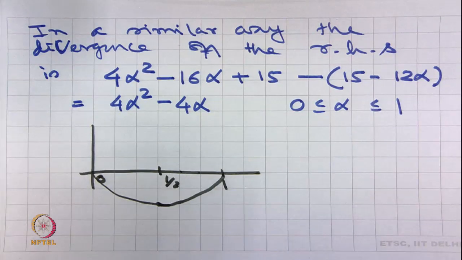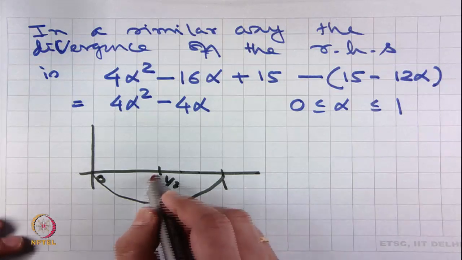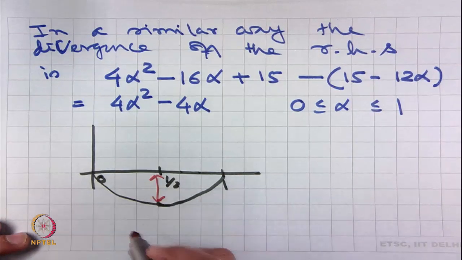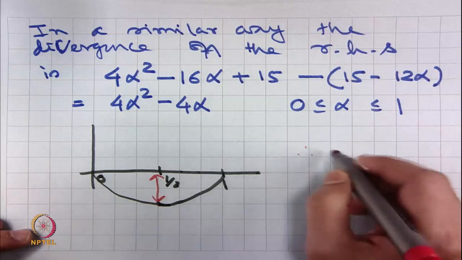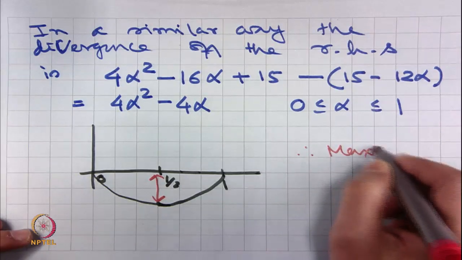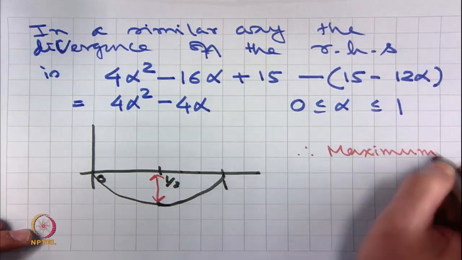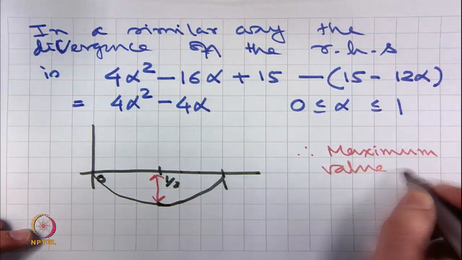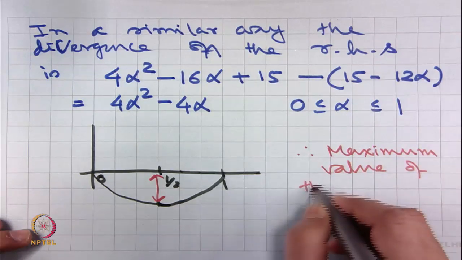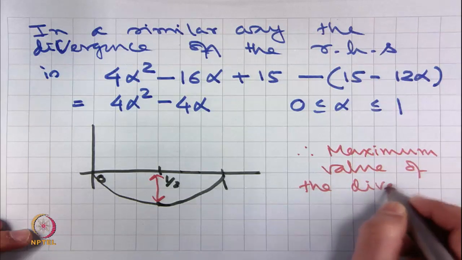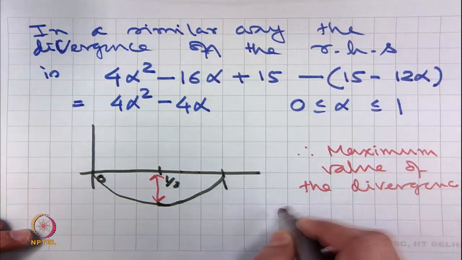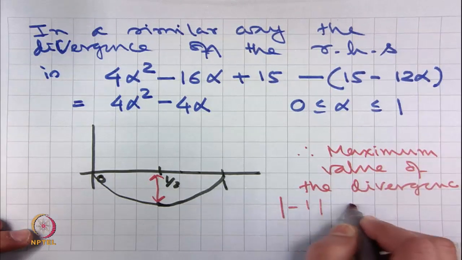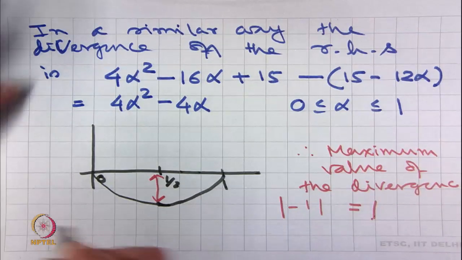Therefore, the maximum absolute difference is coming at this point, which is modulus of minus 1 is equal to 1.